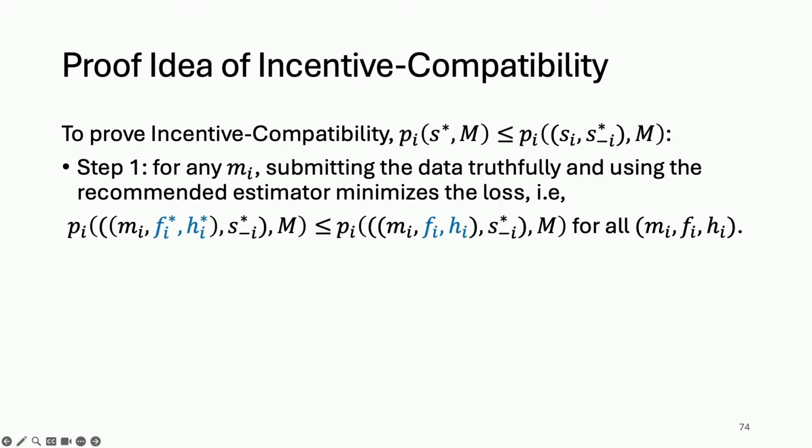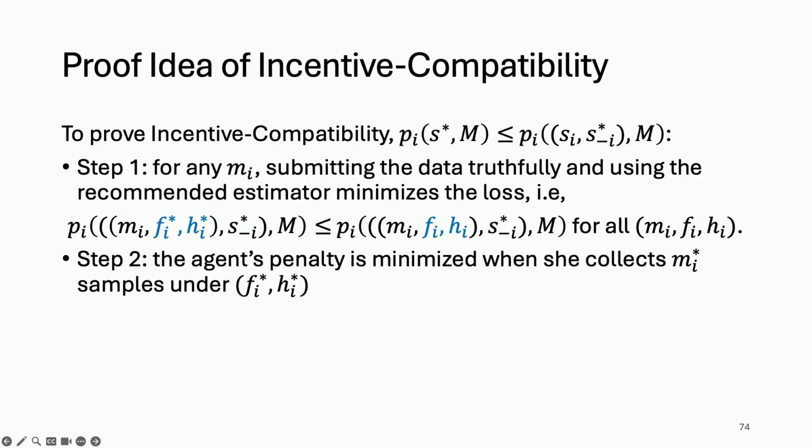That is, if you fix M I, then F I star and H I star are the best thing for the agent I to do. And step 2: the agent's penalty is minimized when she collects M star sub I amount of data, if they report truthfully and use estimator H star I.